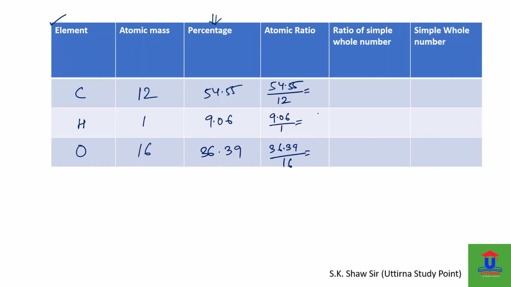Calculators are not allowed in the exam. So 54.55 divided by 12 is 4.55, right? Second one is 9.06. And third one is 2.27. Is it correct?